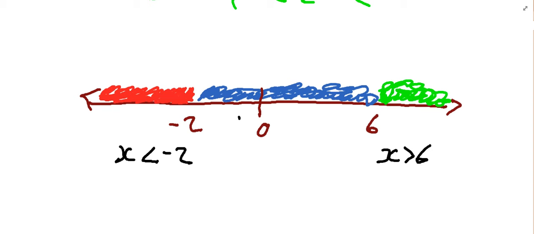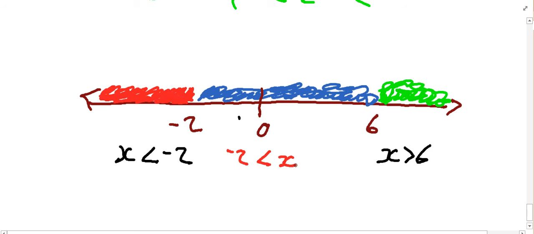Now, what about the middle portion? There you write -2 is less than x, and x is less than 6. Now, for this function to be continuous, you need to make sure that this part has an equal to.